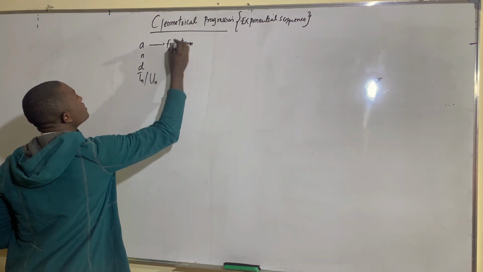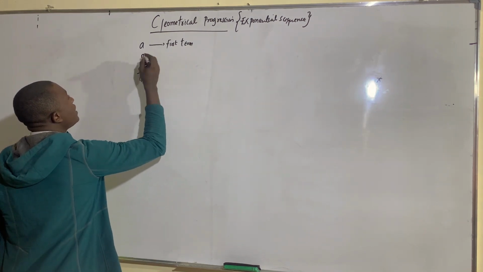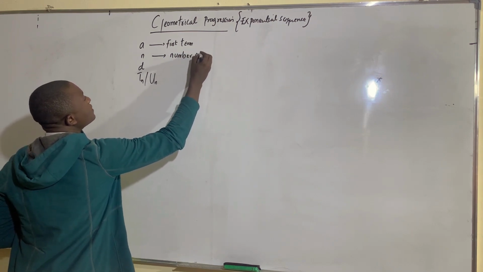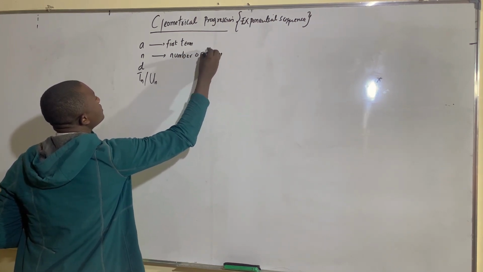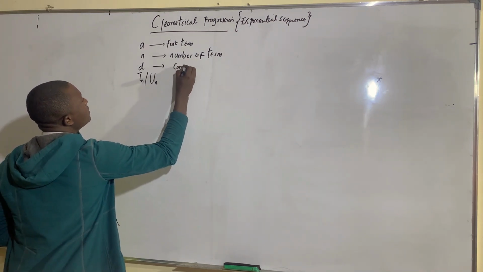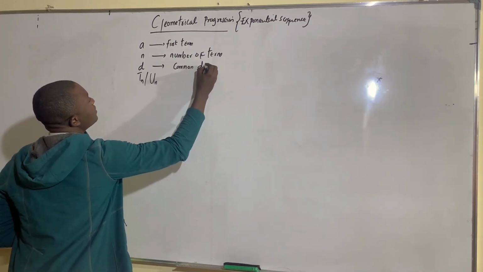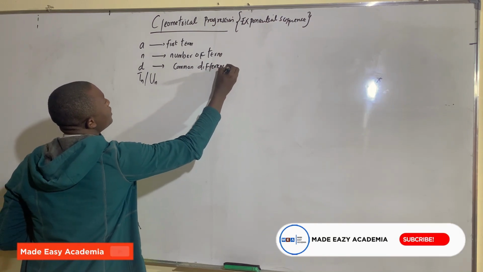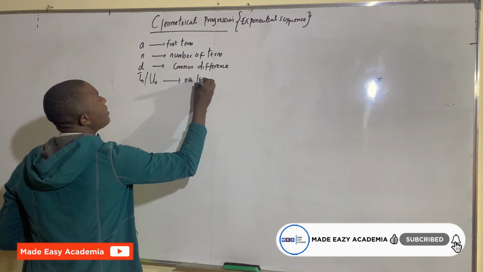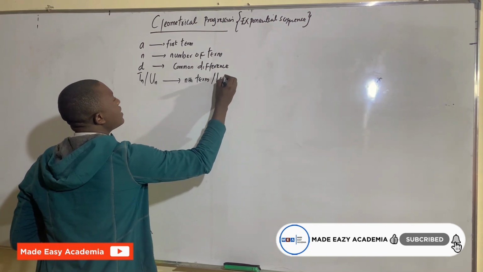N simply means the number of terms. D simply means the common difference. TN or UN is the same thing as either the nth term or last term.